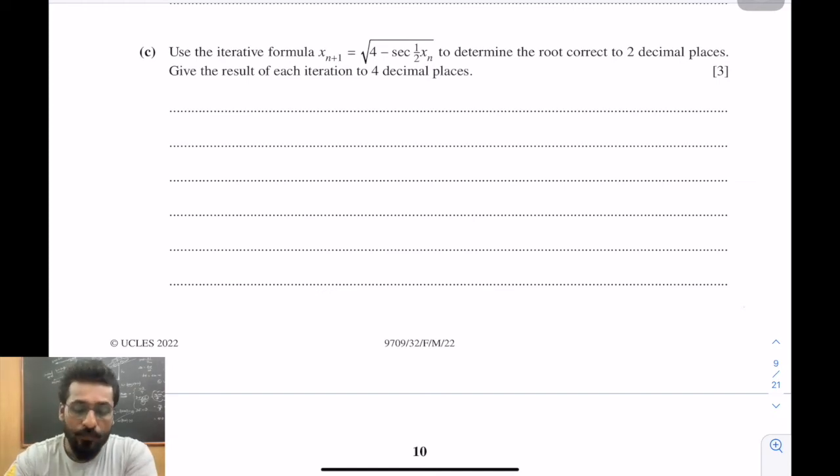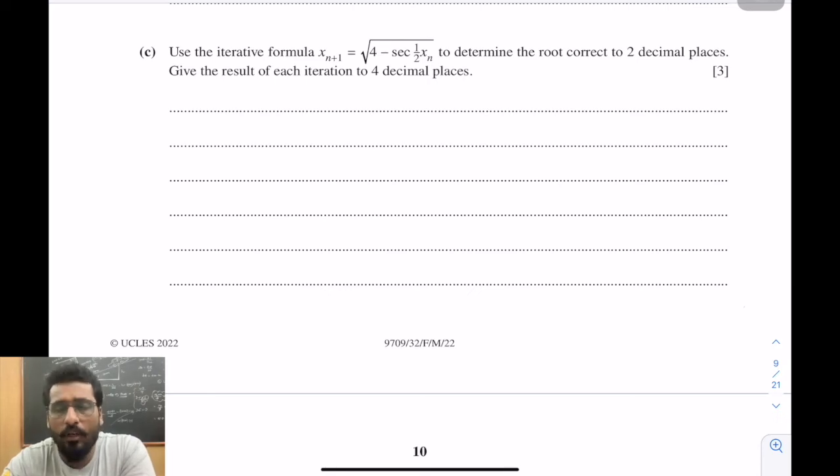So what is given to us? You are given that x n plus 1 is equal to the square root of 4 minus sec of half x n. Not x raised to n, sorry, x n. You want to find the root correct to 2 decimal places, and in every iteration you should go up to 4 decimal places.